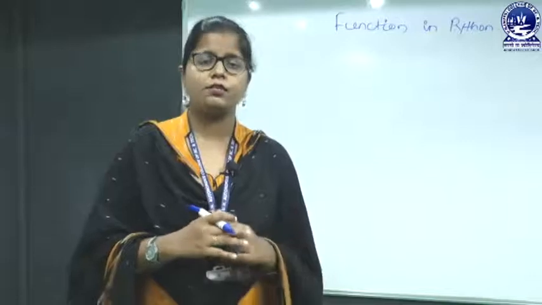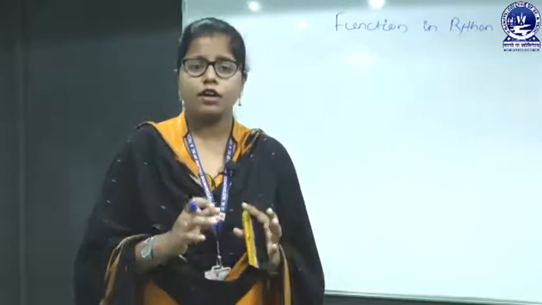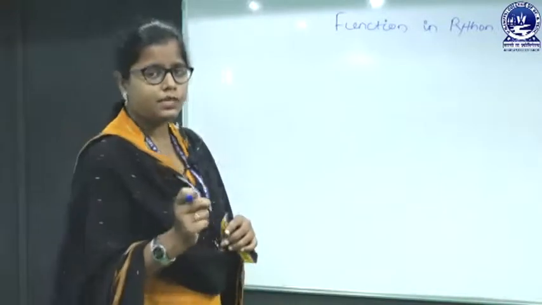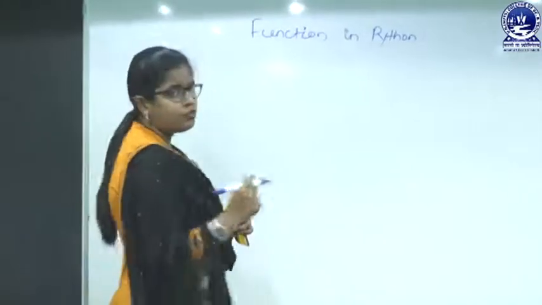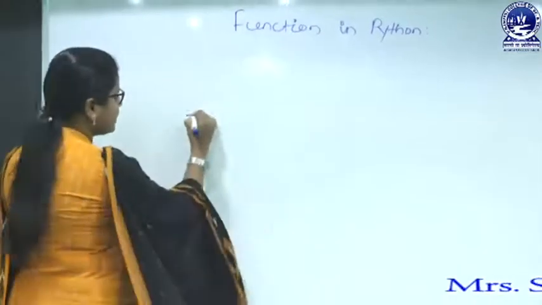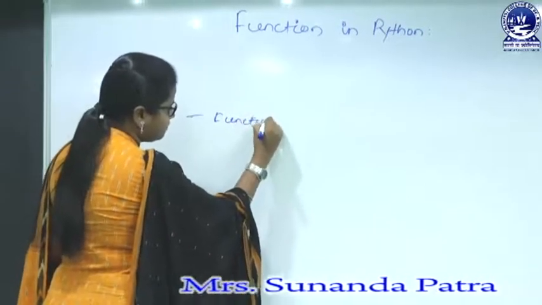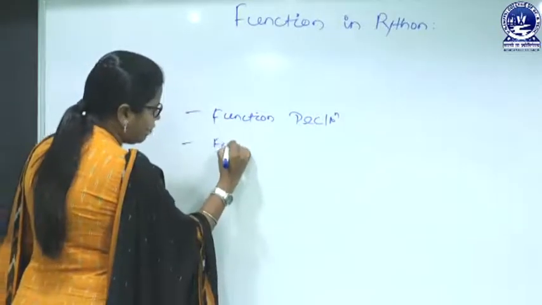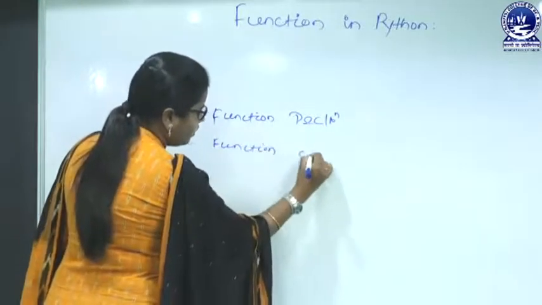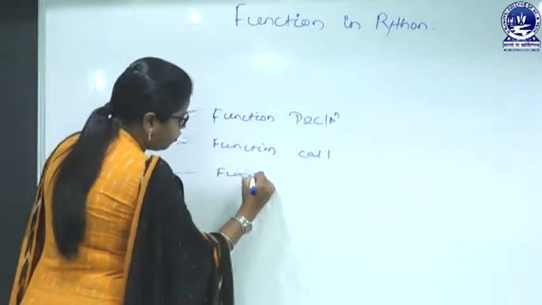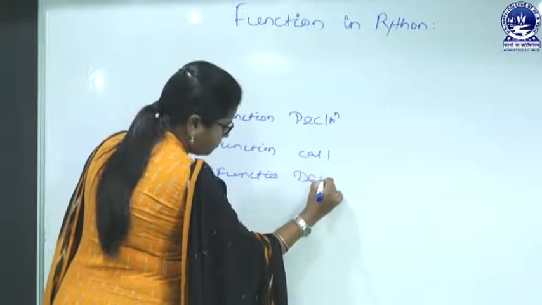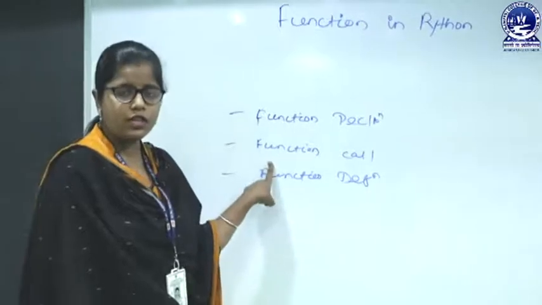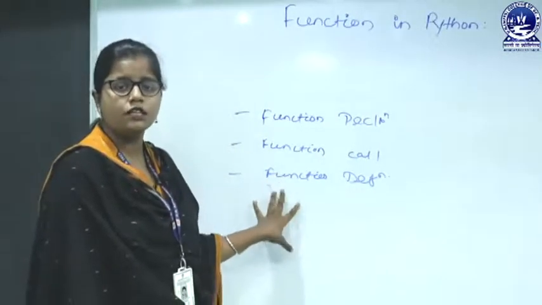In our C programming language, we have already seen what a user defined function is and how to create one. In C, to create a user defined function, we have three sections. The first section is function declaration. After declaration of a function, we have the function call, and the last one is our function definition, that means the function body.